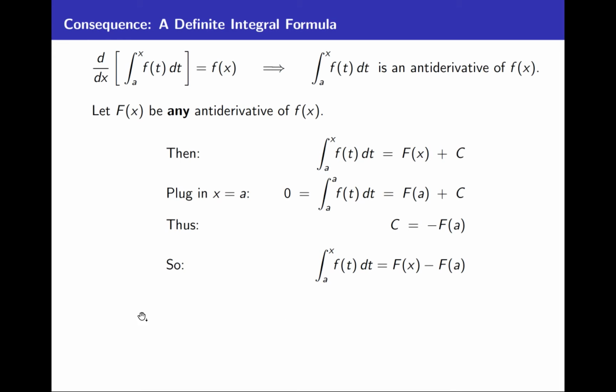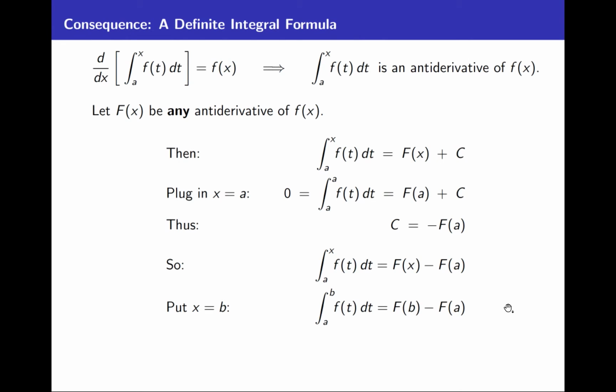Now, the next thing we're going to do is that this x right here, that also happens right there, we're just going to plug in the number b. Put in x equals b. And you get the integral from a to b of f(t) dt equals big F(b) minus big F(a).